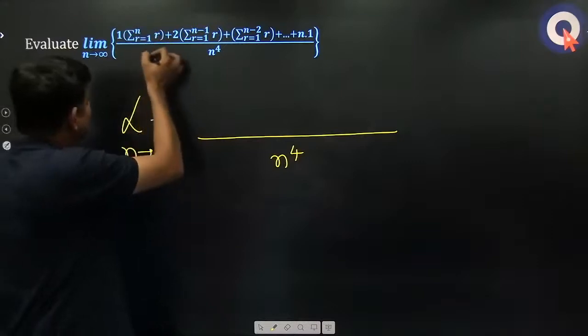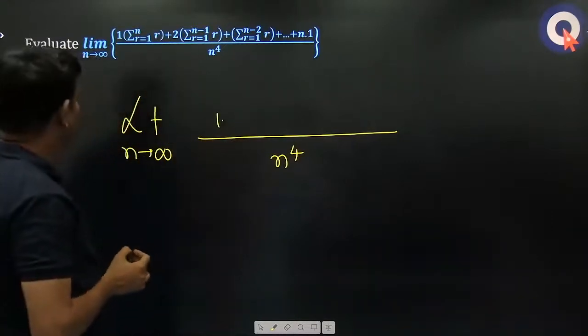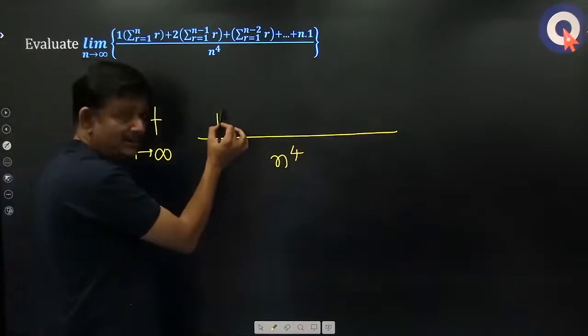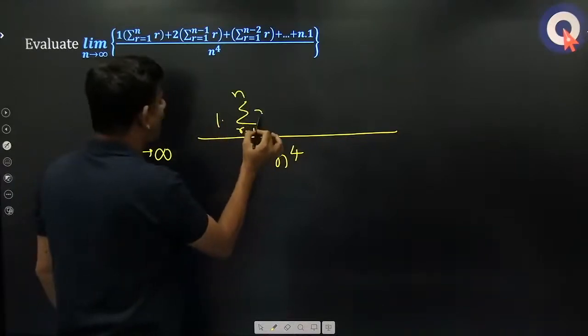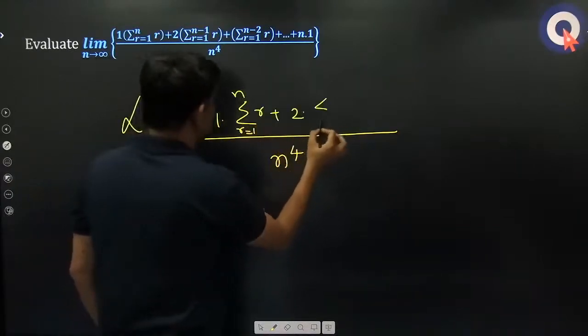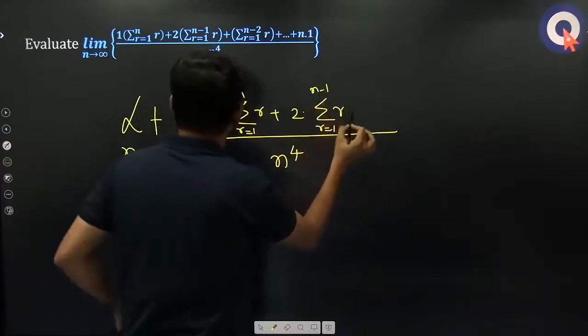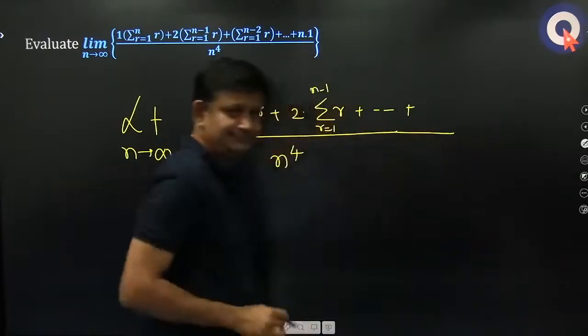So first this term is how much? 1 into sigma r is equal to 1 to n r plus 2 into sigma r is equal to 1 to n minus 1 r plus so on up to, what will be the general term?